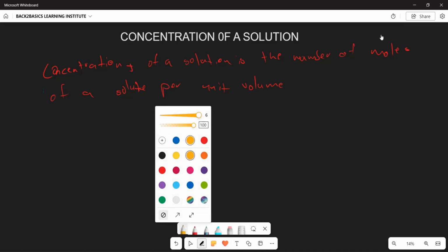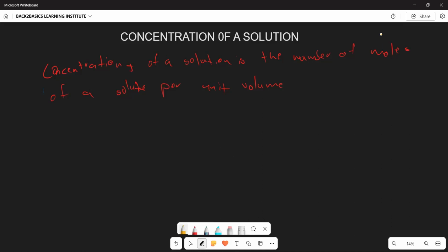Now, we have a formula which we can use to calculate our concentration. Now we are saying our concentration is calculated by what? Concentration is equal to n over V, right? So the C represents the concentration, which has units of moles per decimeter cubed.